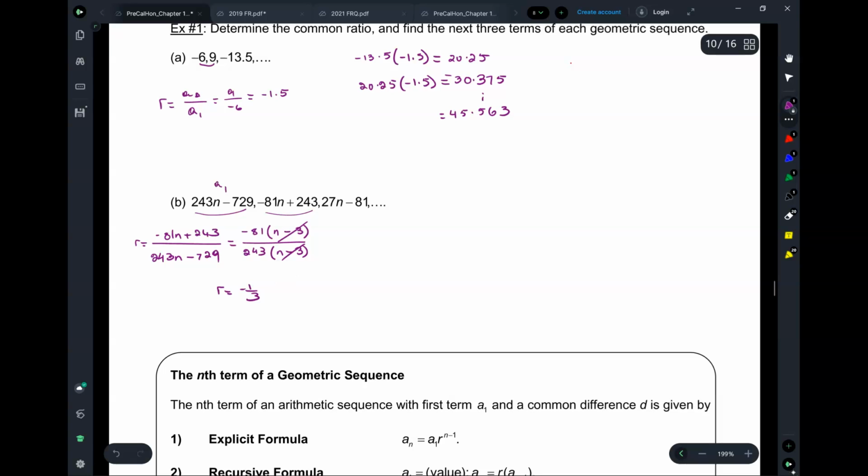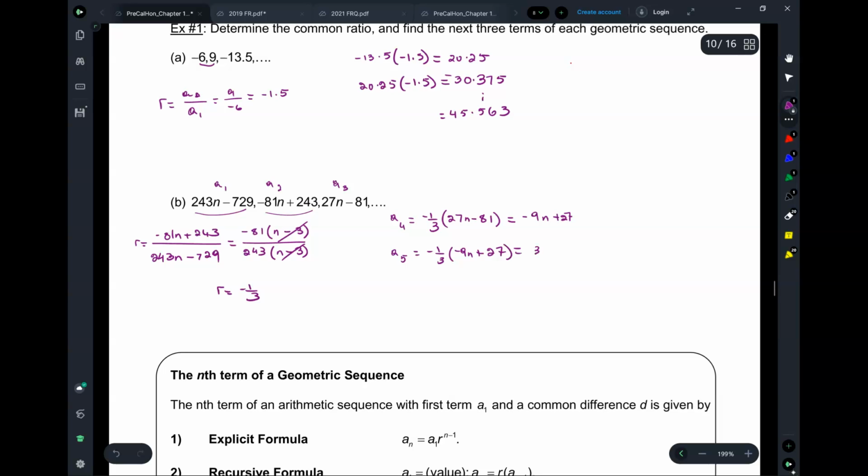Okay, so the next few terms then. If this is A1, A2, A3, A4 is negative 1/3 times 27n minus 81. Negative 9n plus 27. Then you multiply that by negative 1/3.